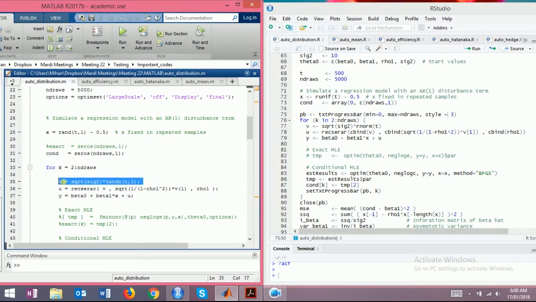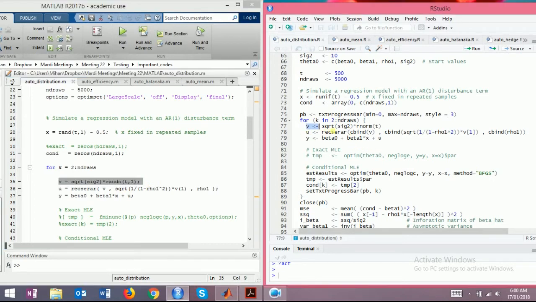So with a random number we are generating v first. Square root of sigma square is multiplied with a random number of T rows, one column, rnorm, not runif, rnorm T, for k in 2 to n draws.